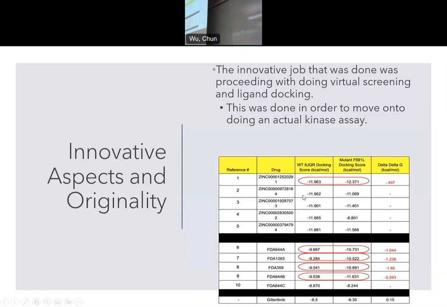And then this table shows the docking scores for wild type and mutant type for the first 5 zinc-related drugs, and the other 5 are the FDA approved drugs. And right here at the bottom, we have the gilteritinib inhibitor with the delta G scores on this side.